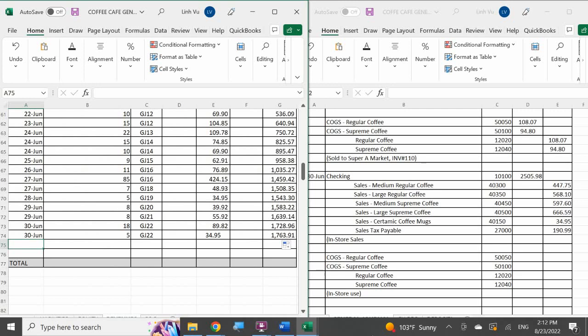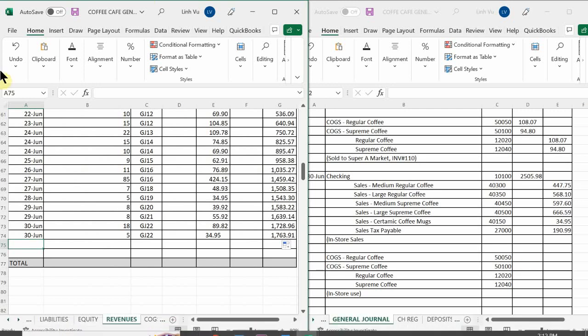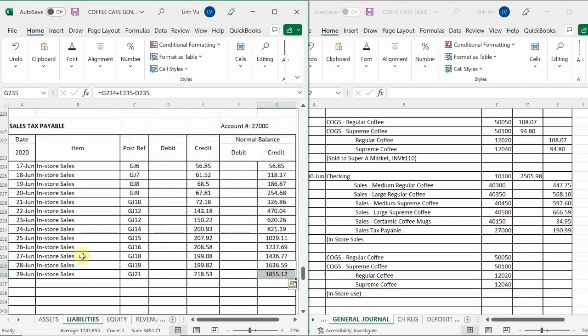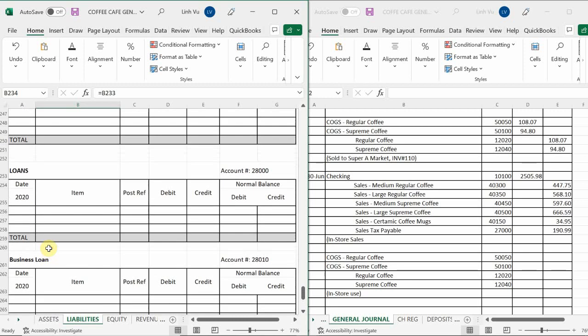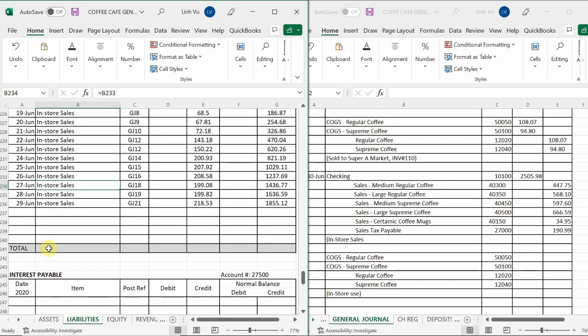To the liability to update the sales tax. And it's 630 in-store sales, page 22, $190.99.